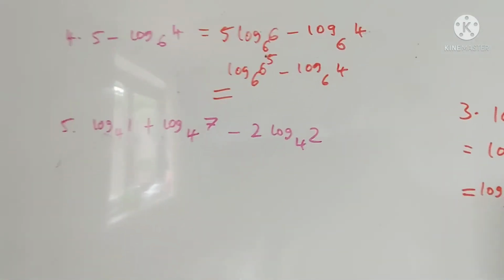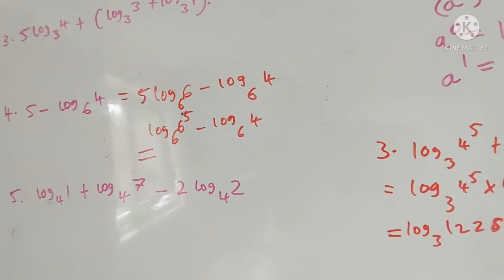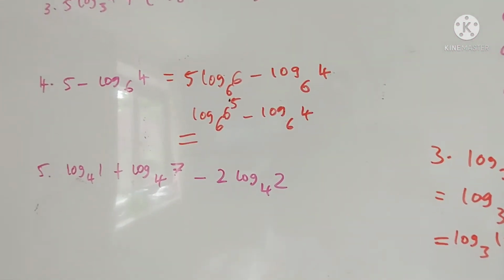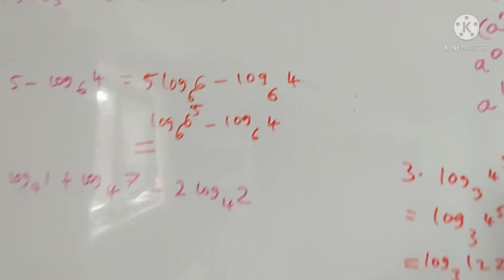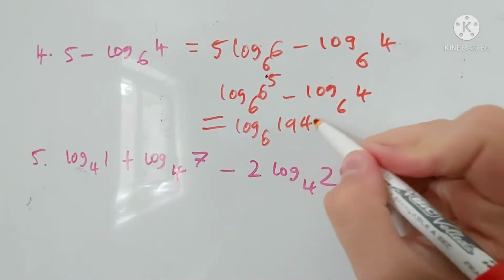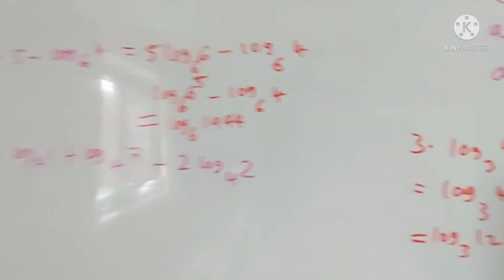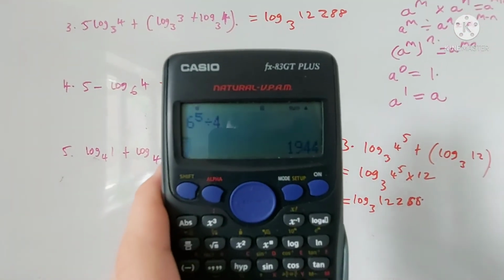So solving that, I can do 6 to the power of 5 on the calculator, divided by 4, which will give me 1944. So I get log base 6 of 1944. Okay. So all that is just doing that on the calculator.